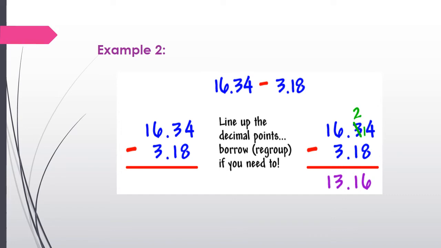Stop counting. How many fingers did we use? 6. Then 2 minus 1 is 1. 6 minus 3 is 3. 1 minus 0 is 1. So the answer is 13.16.